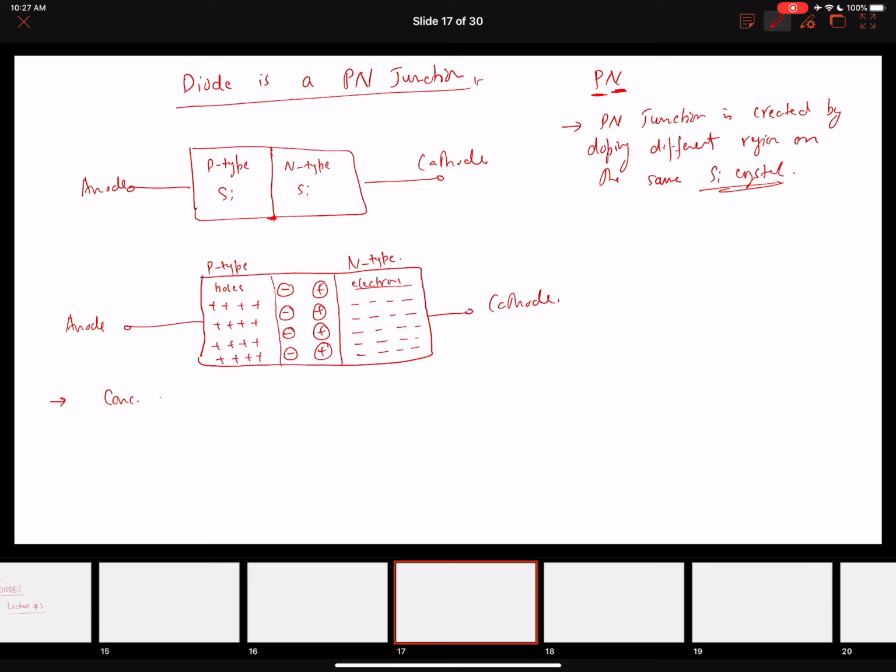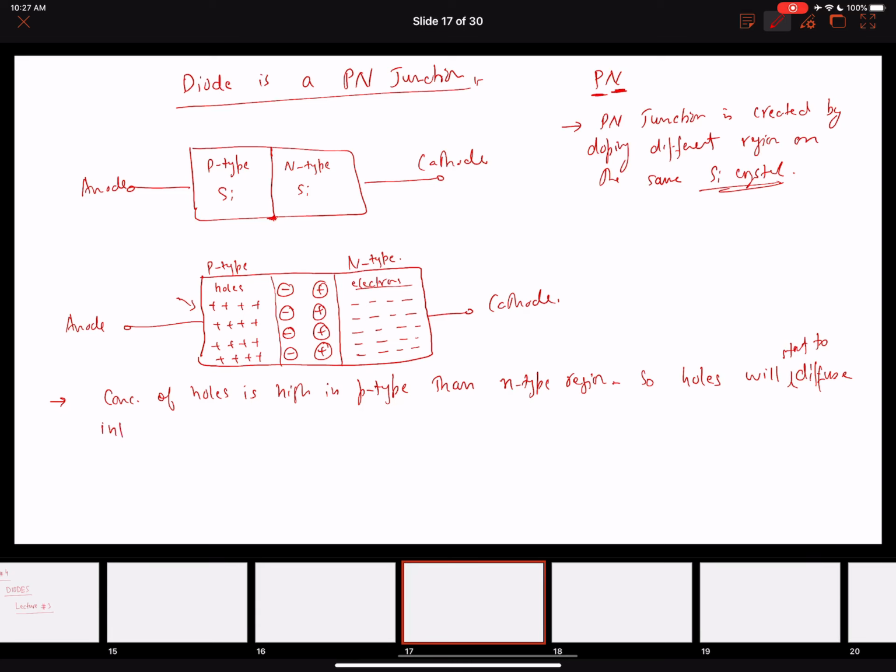So the concentration of holes is high in p-type than n-type region, right? So we have a lot of these holes here in the p-type than the n-type region. So holes will start to diffuse into the n-type region.